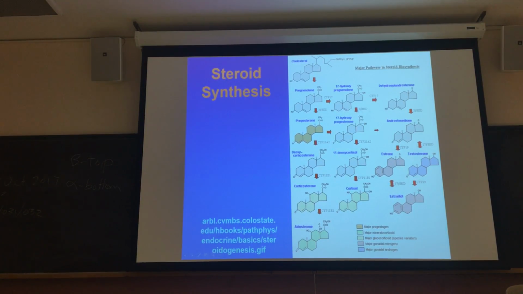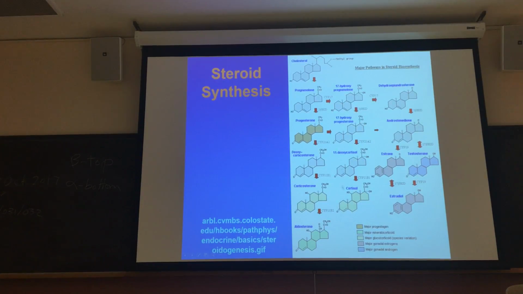The steps shown out here, going from cholesterol, pregnenolone, and out this way, these are performed in both the testis and the ovary, but particularly anything down here on this right-hand side, none of that occurs in any of the adrenal cortical tissues.